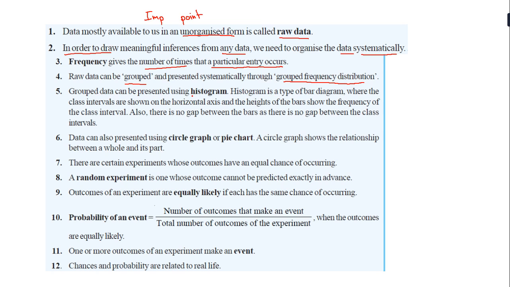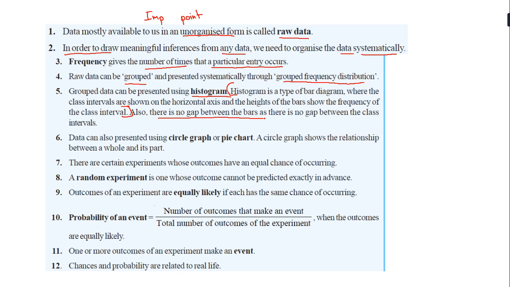Grouped data can be represented using a histogram. A histogram is a type of bar diagram where the class intervals are shown on the horizontal axis and the height of the bar shows the frequency of the class interval.